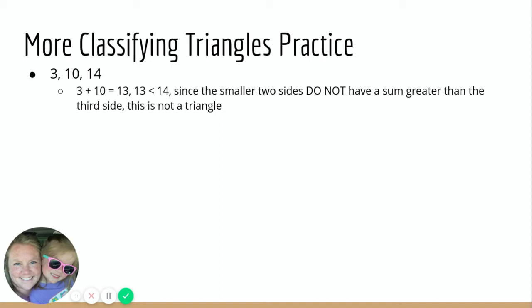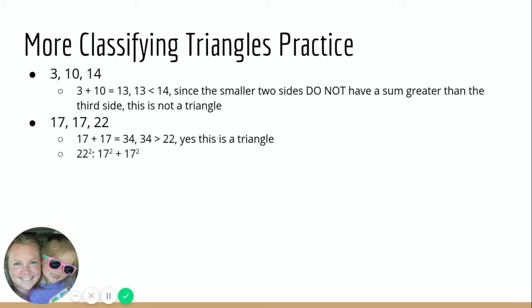All right, the next one I want you to try is 17, 17, and 22. Pause the video, work it, and resume and come back. First thing I did was check to make sure that this was a triangle, and it is.